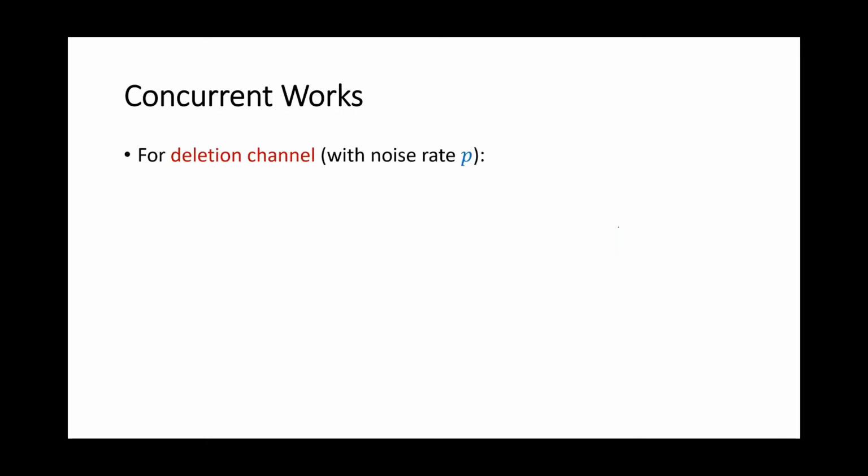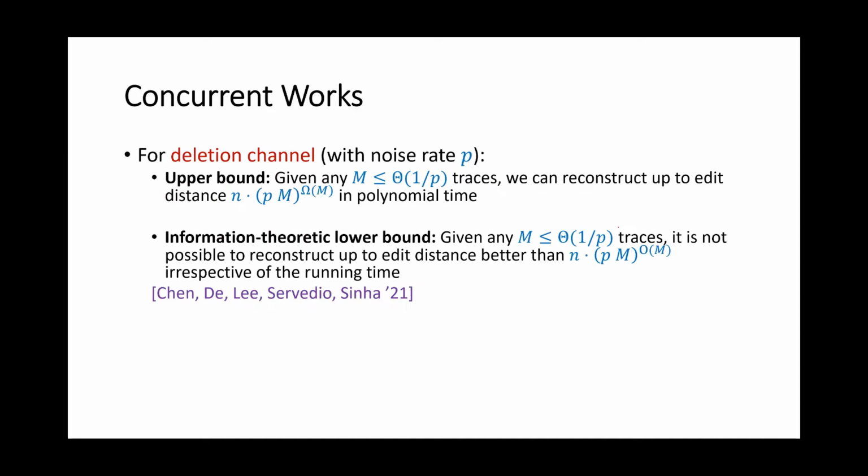For the deletion channel, this is a work by Jain, Dey, Lee, Sarvdeo and Sinha, who showed that using any m traces, where m is less than 1 over p, we can reconstruct up to edit distance n times pm whole to the omega m in polytime. And this edit distance bound is almost optimal information-theoretically. That is what they have also shown.